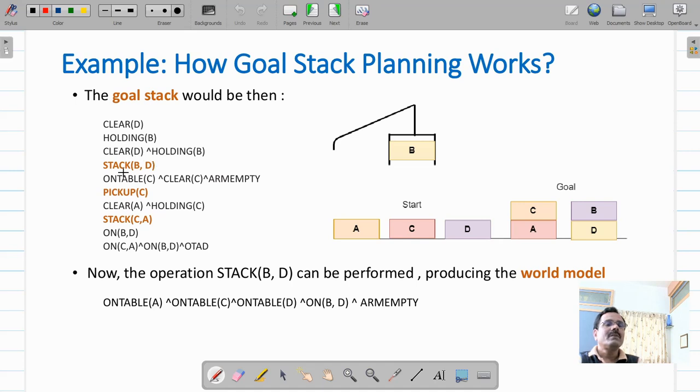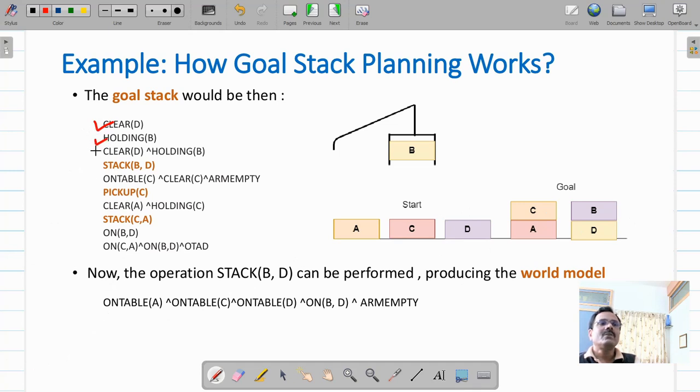And then to perform this stack BD, you want clear D and holding B, these two. So we have put them on the stack. Now your stack looks like this: clear D, then holding B. D is already clear, so clear D is satisfied. Holding B is also true, so pop that from the stack.